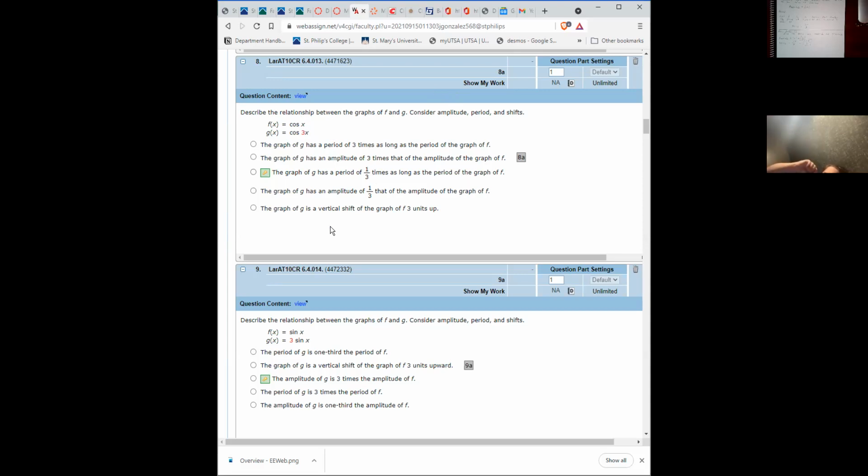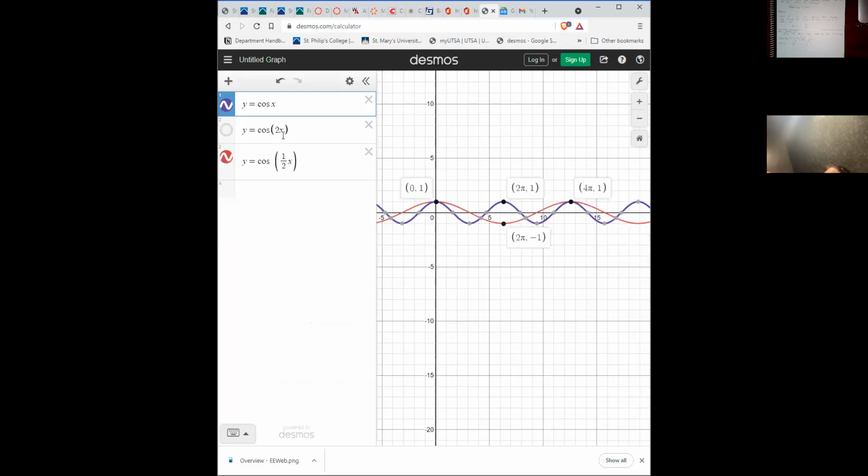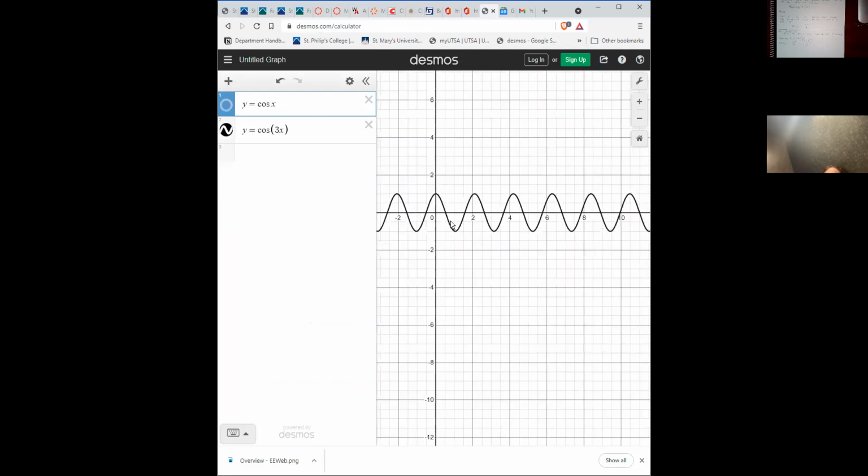G has a longer period. Let's see. Let's look at it, right? If we're not sure, we can always plug it in, right? So the original ends at 2 pi, right? Okay. The 3x looks like it's moving pretty fast. We're cycling pretty fast. So I think it repeats itself here.